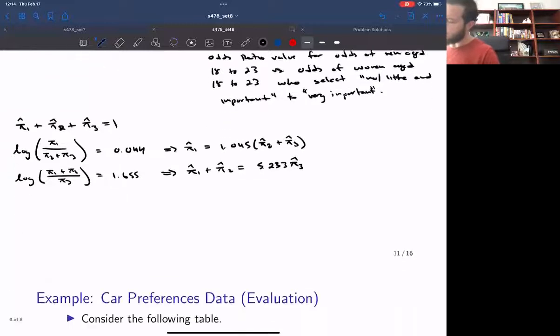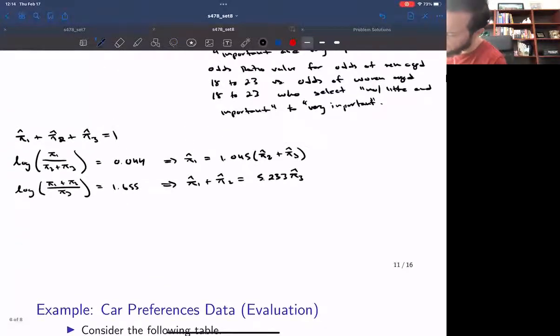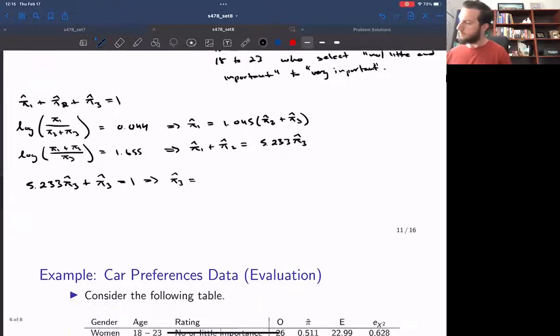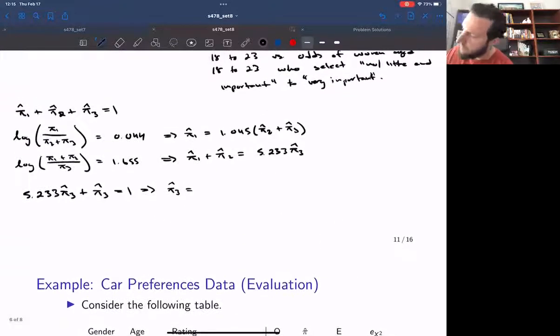So 5.233 pi hat 3 plus pi hat 3 is equal to 1, which means pi hat 3 is equal to 0.160.